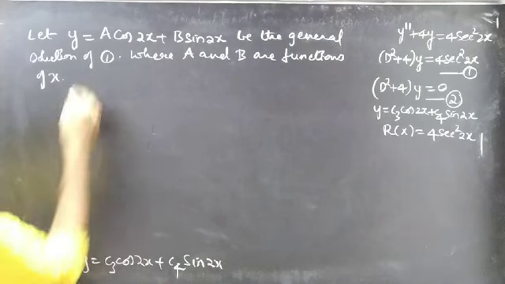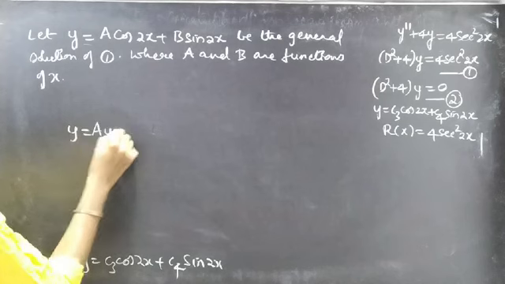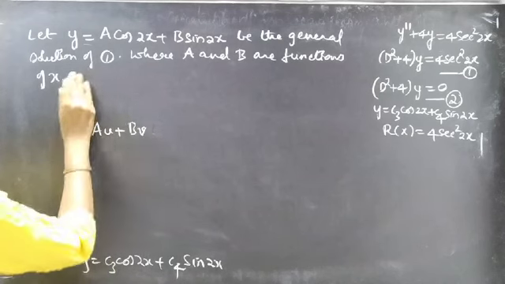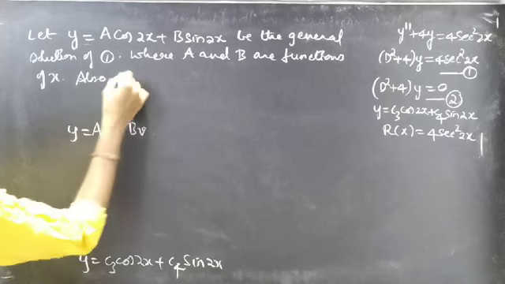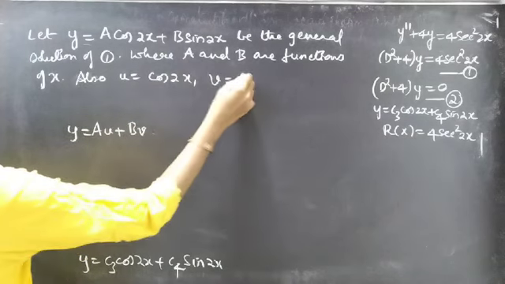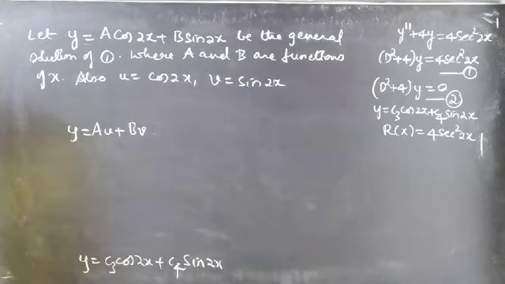If you compare this equation with au plus bv, we'll get u equal to cos 2x and v equal to sin 2x, right?